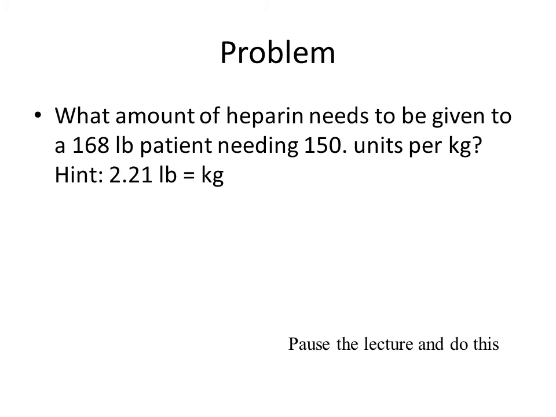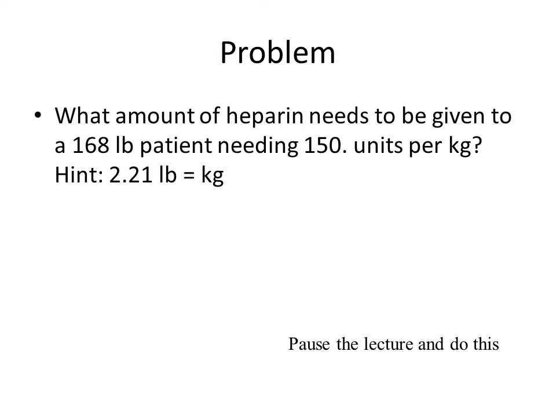So here's a problem for you to try. What amount of heparin needs to be given to a 168-pound patient needing 150 units per kilogram? You might look at this word unit and be confused. This word unit is an activity unit that is used for drugs that have varying amounts of activity based on their mass.